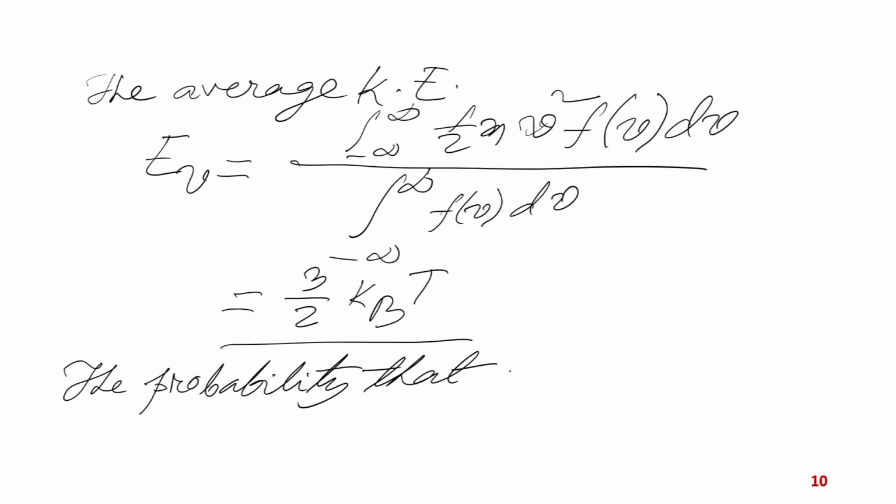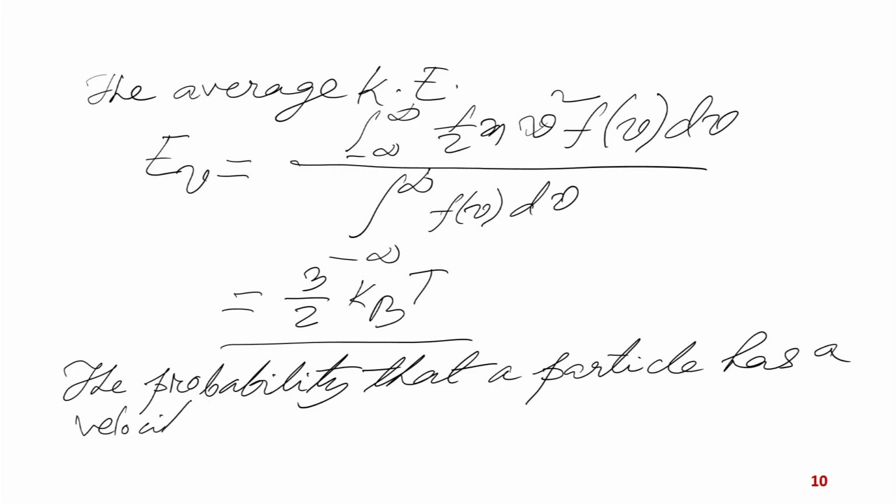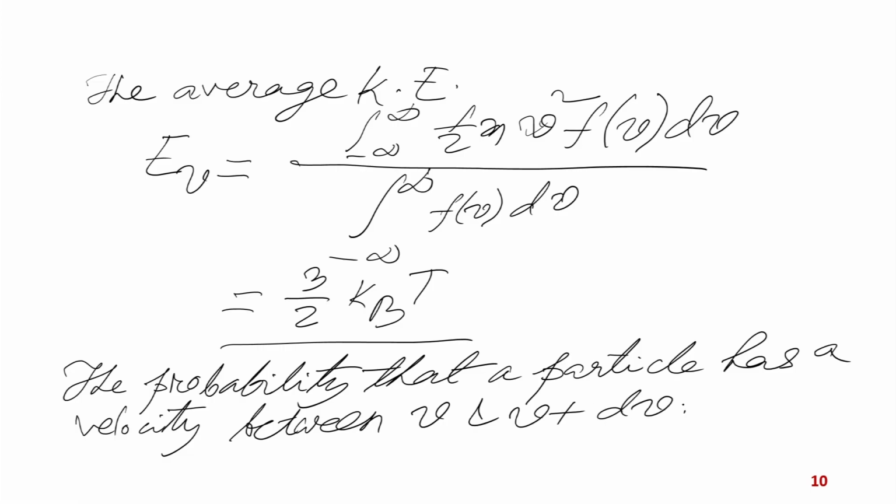Now, the probability that a particle has a velocity between v and v plus delta v, we can write as f(v) dv divided by n.